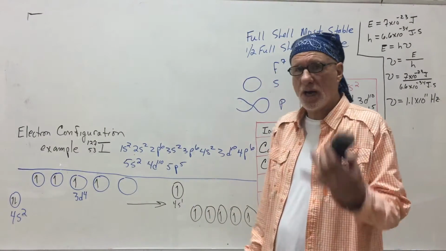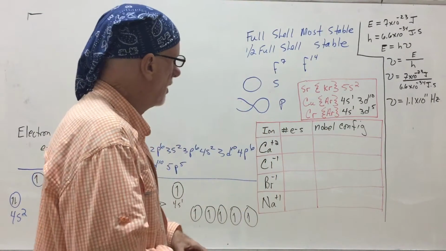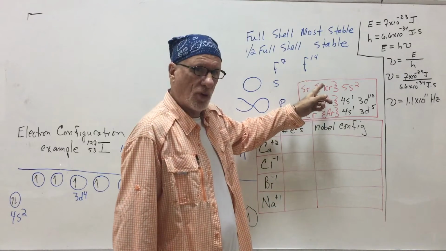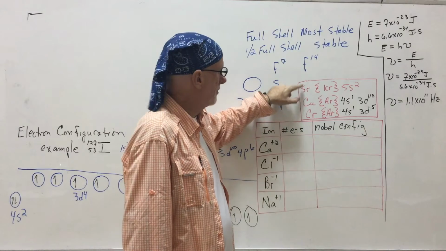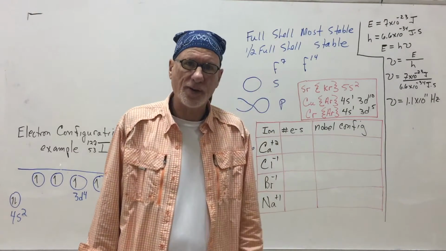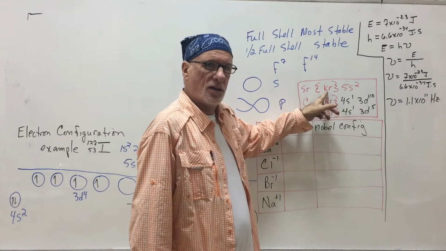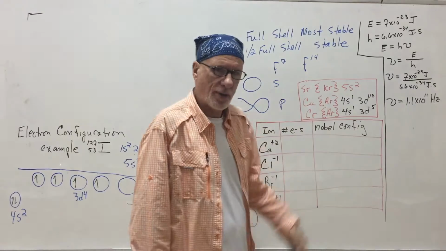Okay, so you need to know electron configurations. You also need to know the short form. For instance, strontium, copper, and chromium. These are short form electron configurations where you start with the noble gas. The nearest preceding noble gas to strontium is krypton.